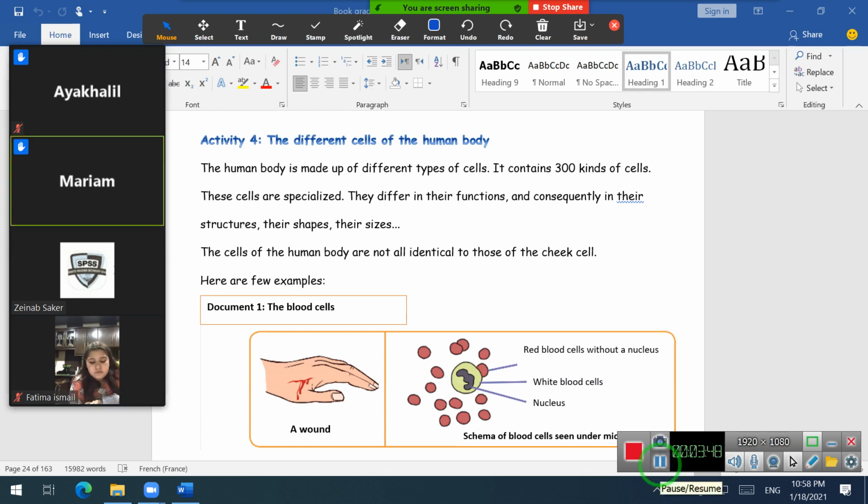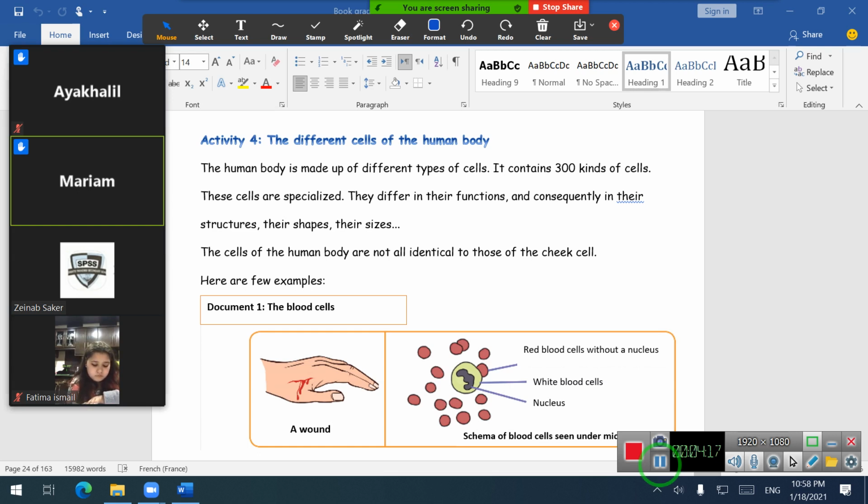The human body is made up of different types of cells. It contains 300 kinds of cells. These cells are specialized. They differ in their functions. Sorry, Mariam, they differ. Okay. They differ in their functions and consequently in their structures, their shapes, their size.